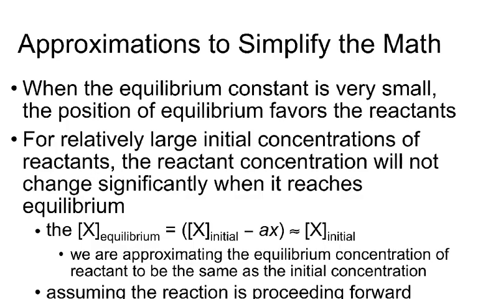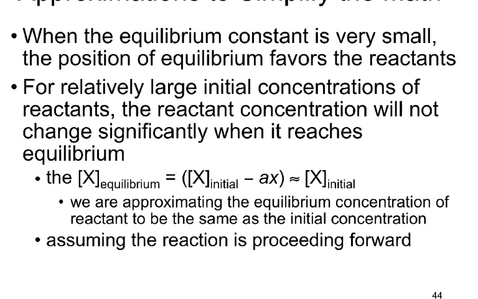All right, I mentioned we don't usually use the quadratic because there are simplifications and approximations that can help us. So when our equilibrium constant is very small, the position of equilibrium will favor the reactants. And when we have large initial concentrations of reactants and a small equilibrium constant, the reactant concentration is not going to change significantly when we reach equilibrium.